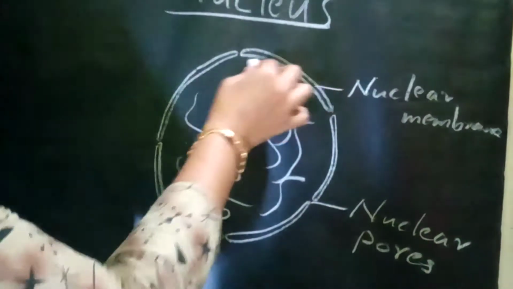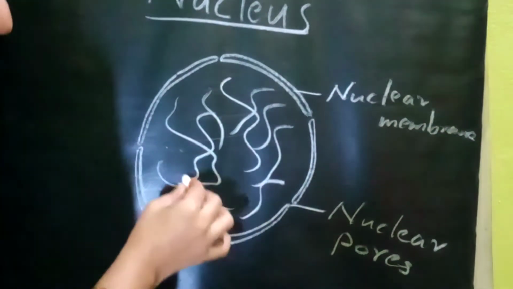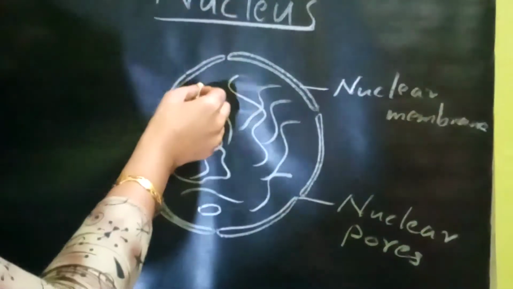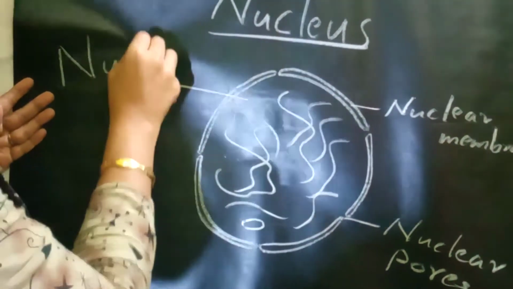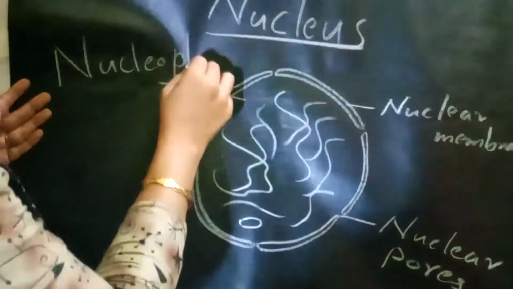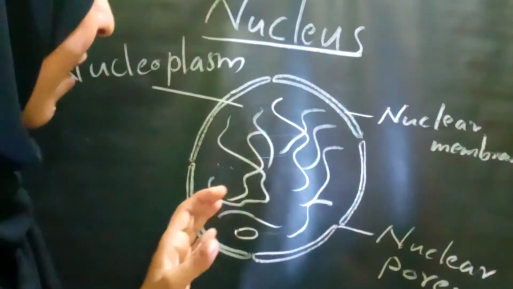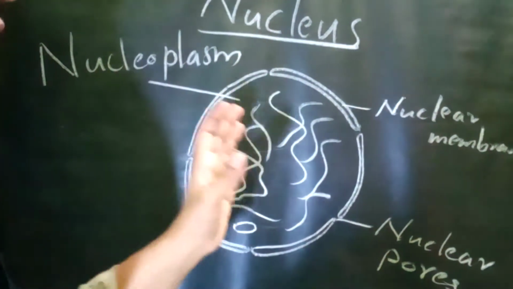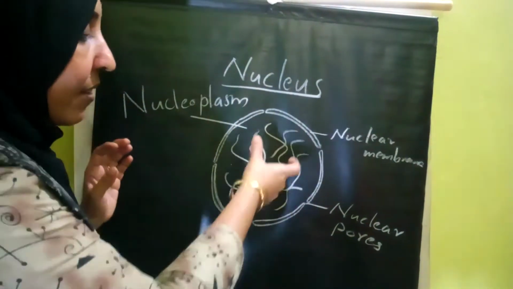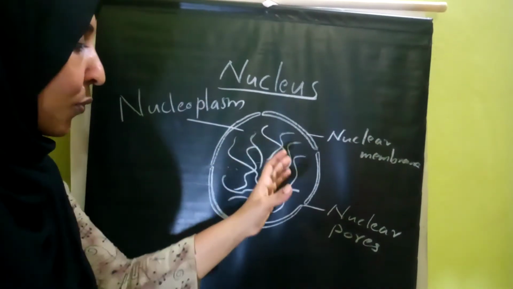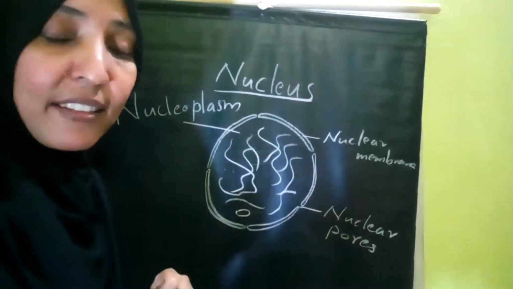Inside the cell there is a fluid called cytoplasm. Like that, inside the nucleus we can also see another fluid. This fluid present inside the nucleus is called nucleoplasm. This nucleoplasm provides suitable conditions for the survival of all the materials present inside the nucleus.